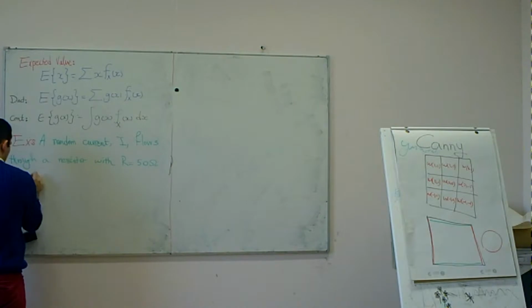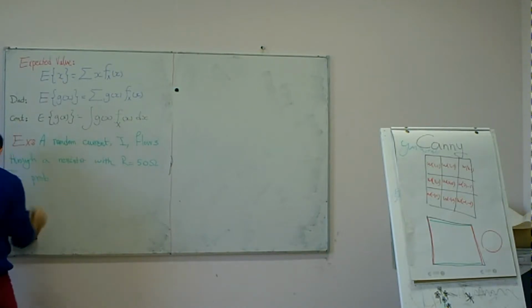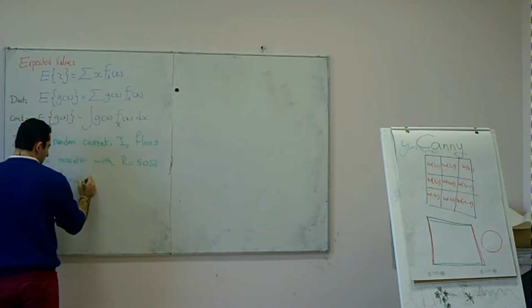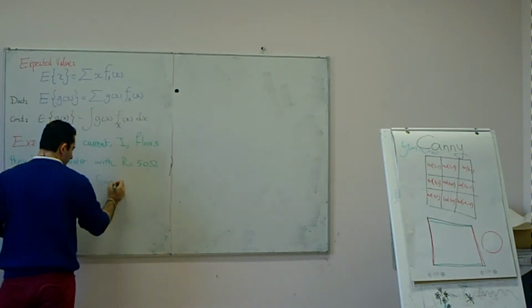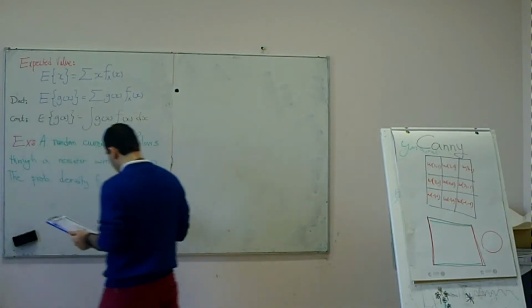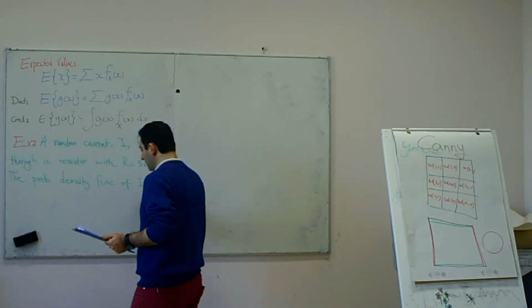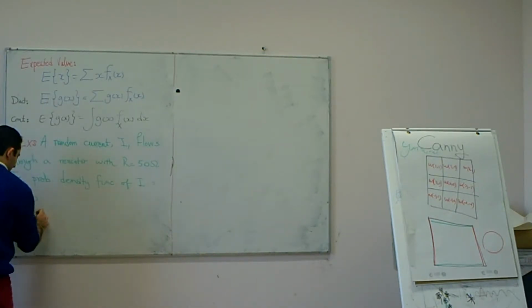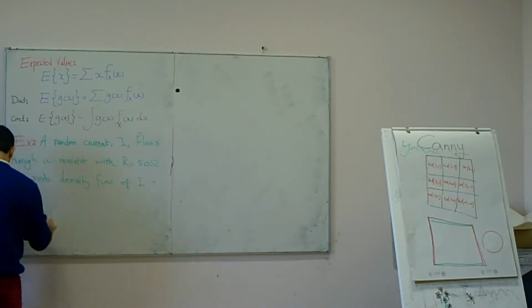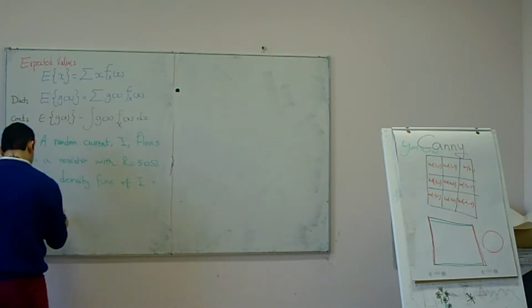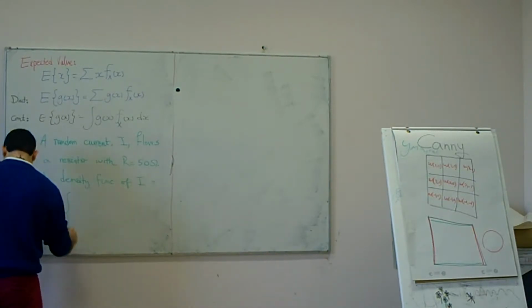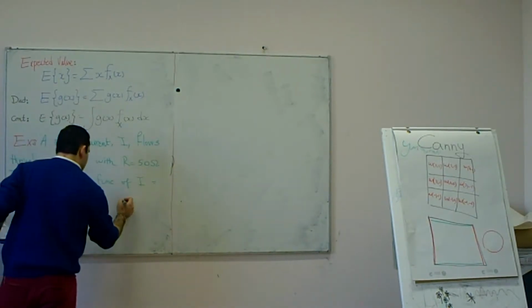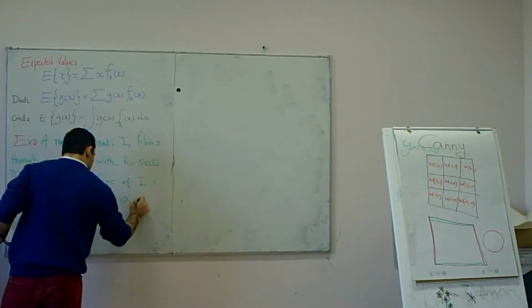The probability density function of the current, so the f(x) for the current, is given as 2kx if x is between 0 and 0.5.